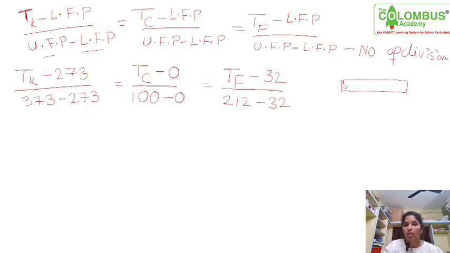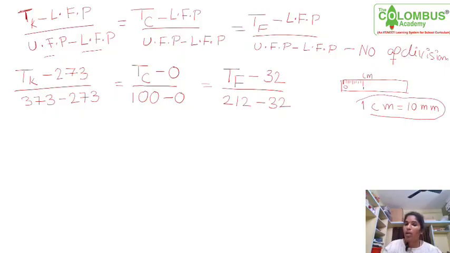Then 1, 2, 3, 4, 5, 6, 7, 8, 9, 10, and up to here we call 1 centimeter. So what is the division of the scale? 1 centimeter equals 10 divisions, and each division we call a mm. So 1 centimeter equals 10 mm.